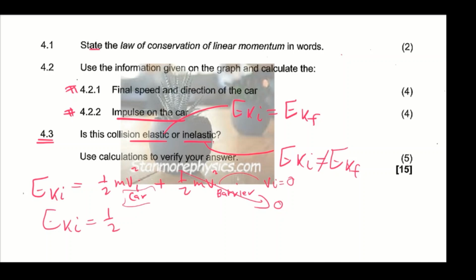And then we will have the initial kinetic energy equal to 1 over 2 times the mass of the car, which is 900. And we need the velocity of the car, right?